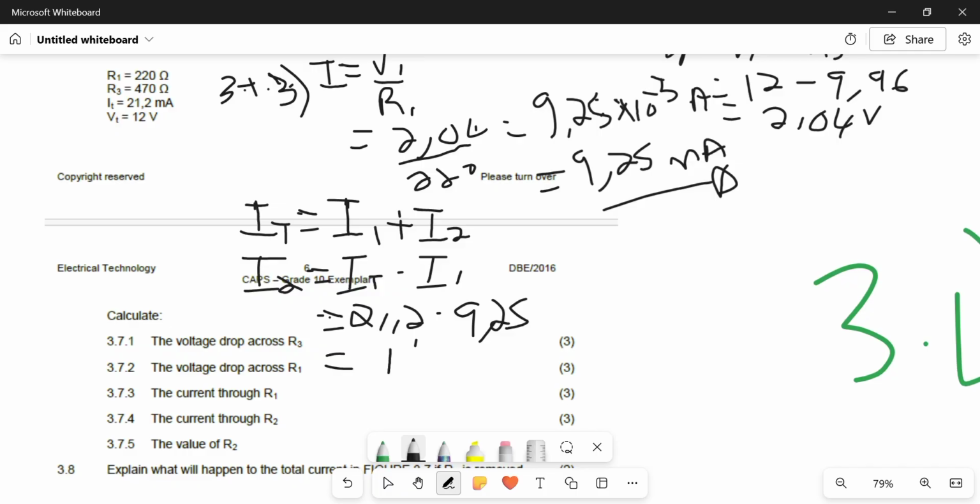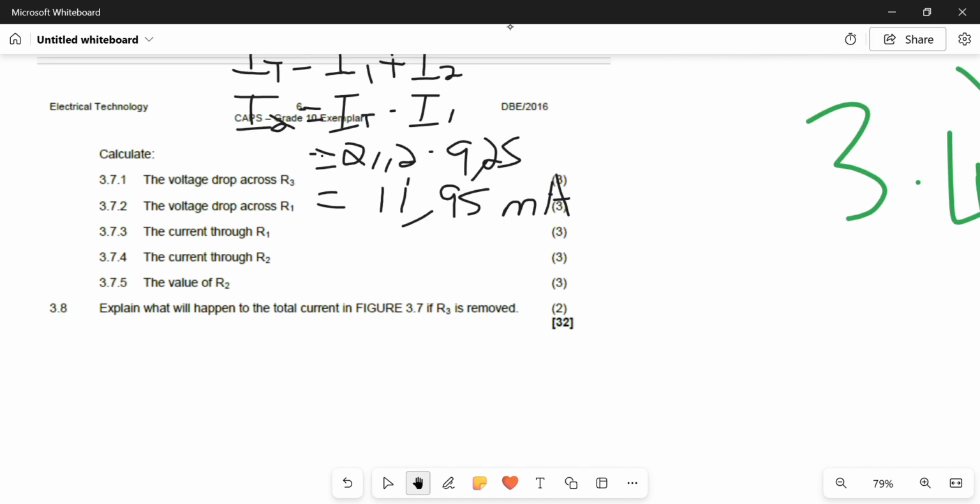So my answer, according to my calculator, will be 11.95 milliamperes. I hope I'm clear here, guys. I hope you understand.